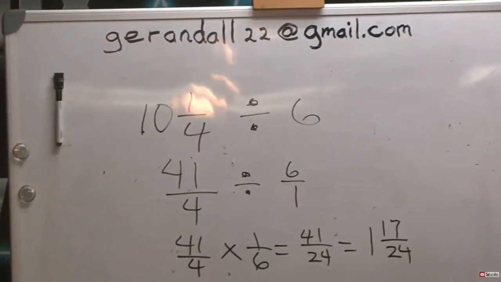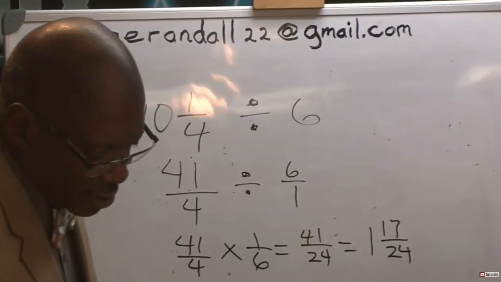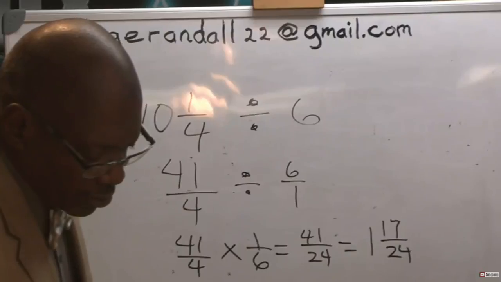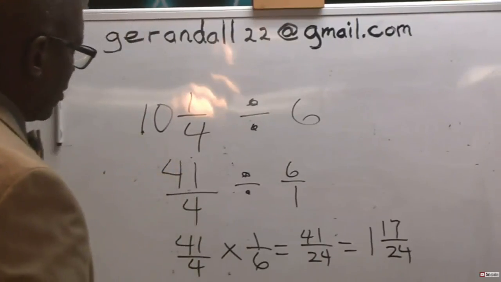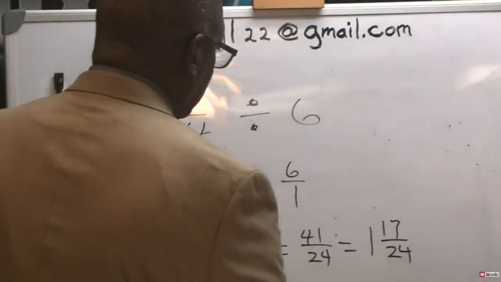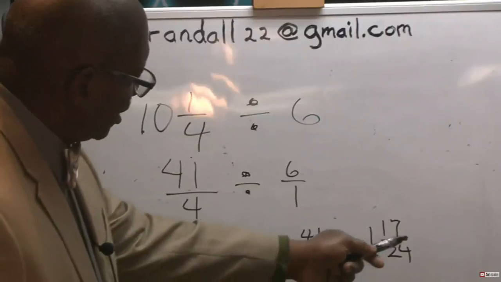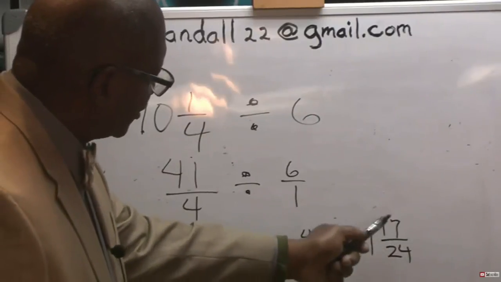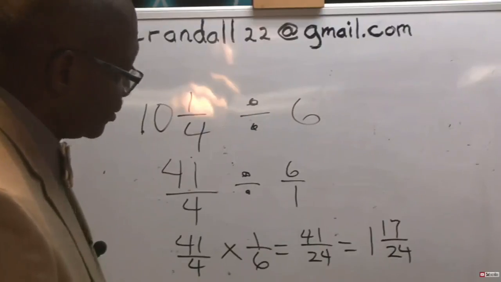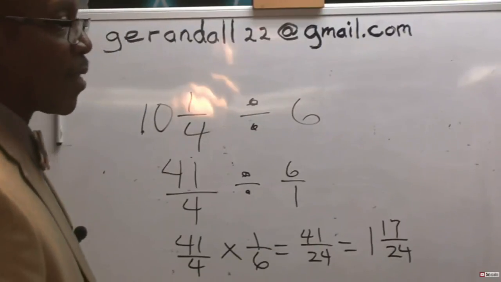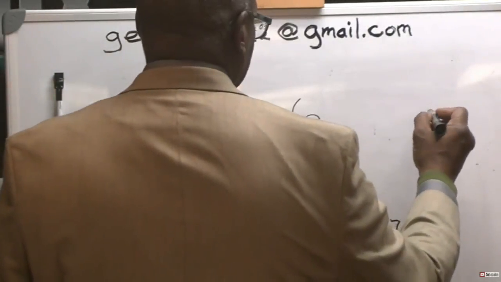Okay? So in this case, the answer is 1 and 17 over 24. And the pieces will be 1 and 17/24 long, 6 pieces. Okay? All righty. Well, and we can check that by doing this.